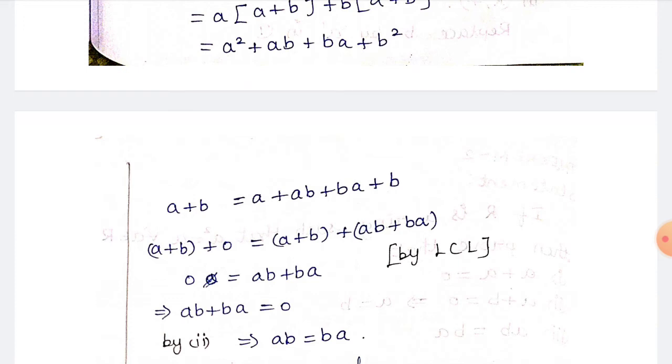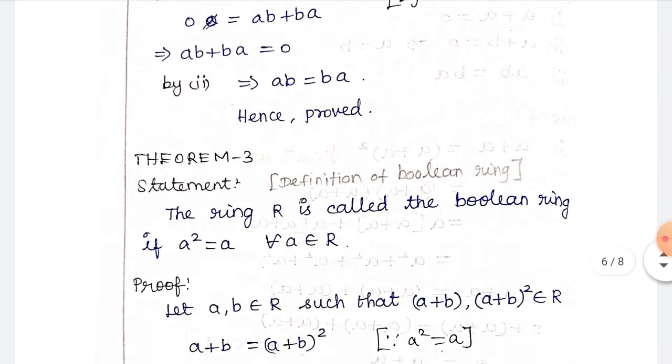So a plus b plus 0. Here we have to take the first one and the last one and club these two: a plus b plus ab plus ba. So 0 is equal to, by left cancellation law, a plus b will be cancelled. So ab plus ba is equal to 0. By the second subdivision, a plus b is equal to 0 implies a is equal to b. So ab plus ba is equal to 0 means which implies ab is equal to ba. Here we are using the second condition.